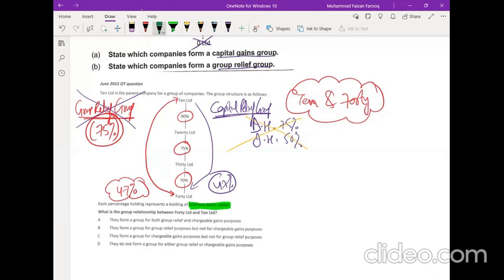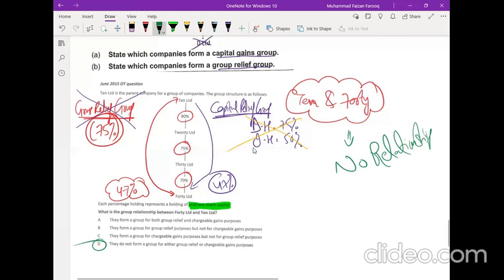So what should be the answer? B or D? D. They do not form a group for either group relief or for chargeable gain purposes. This is from your revision kit. Any confusion in this question, please ask me.